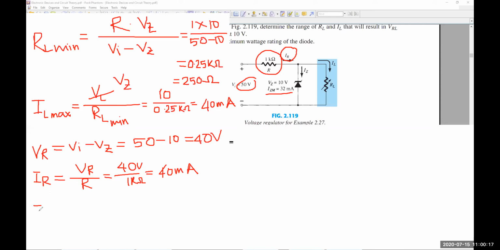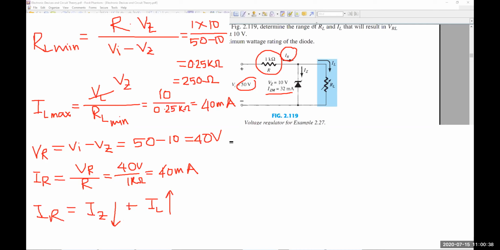Okay. Now we know IR is equal to IZ plus IL. And remember, if this goes up, this definitely goes down.